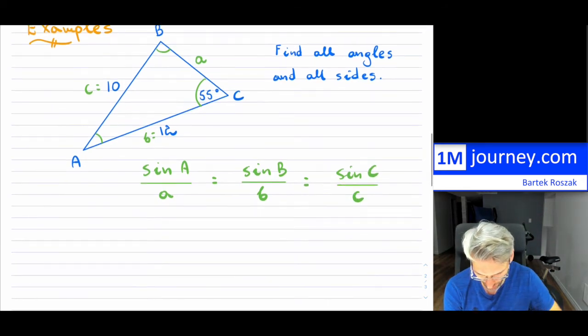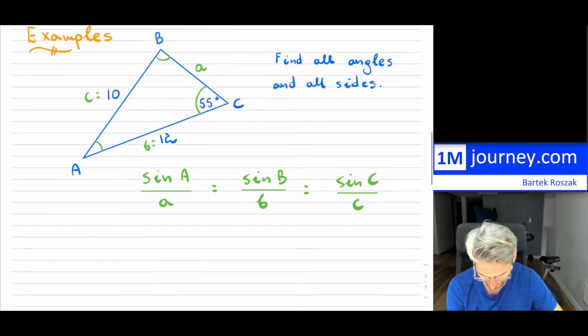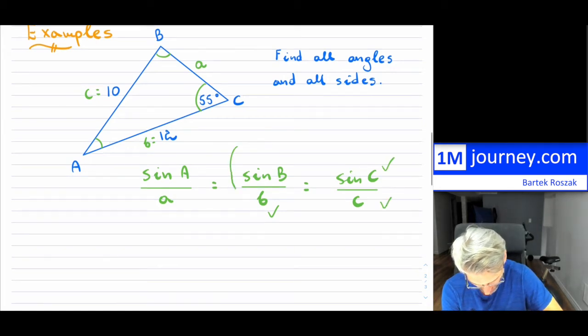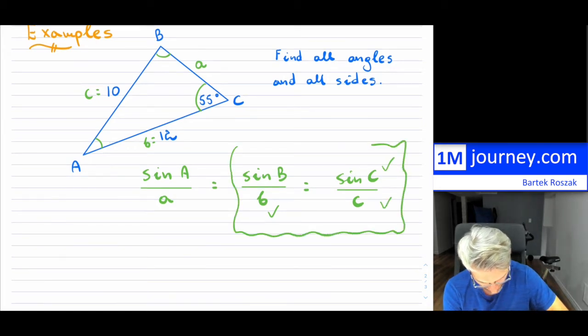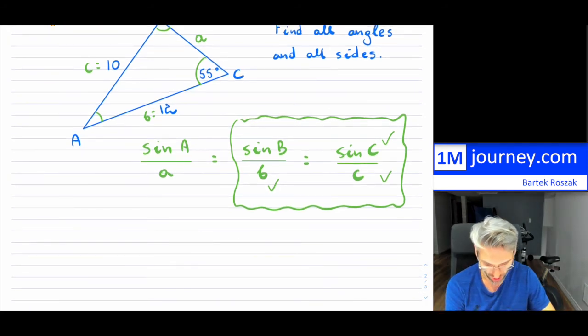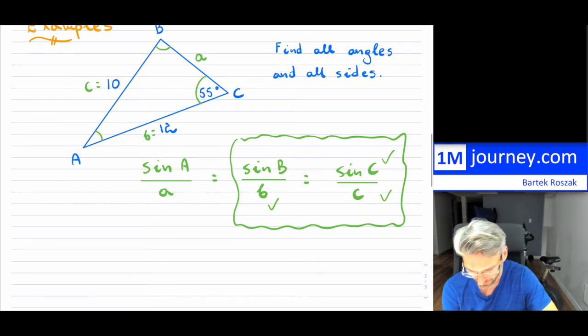Now, we have B given, we have angle C given, and then we have C given. So I'm going to use this right here to try to solve for my angle B first.